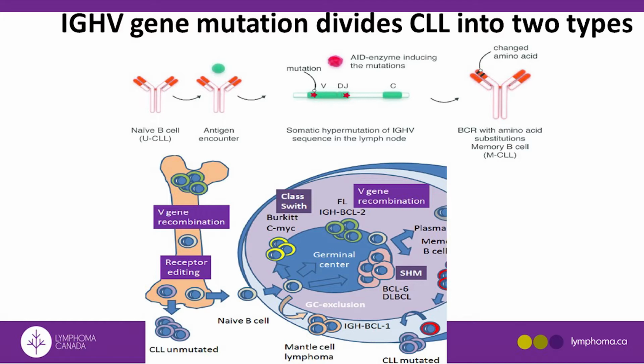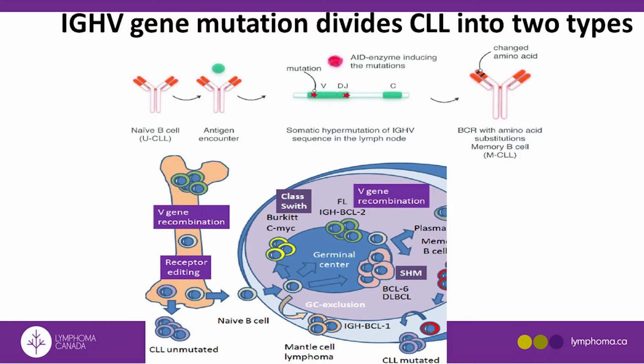And so this type of mutation, which your doctor will probably talk to you about, is a little bit different than the oncogenic mutations that I referred to in the previous slide. This is a more physiological type of mutation rather than a pathological or disease-causing mutation as in the other genes.